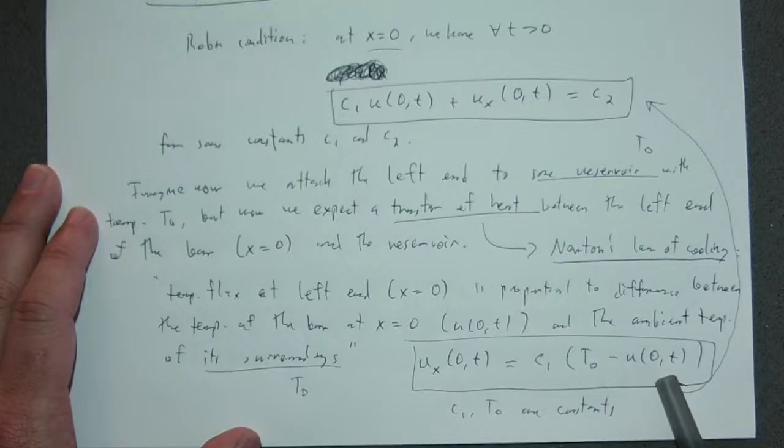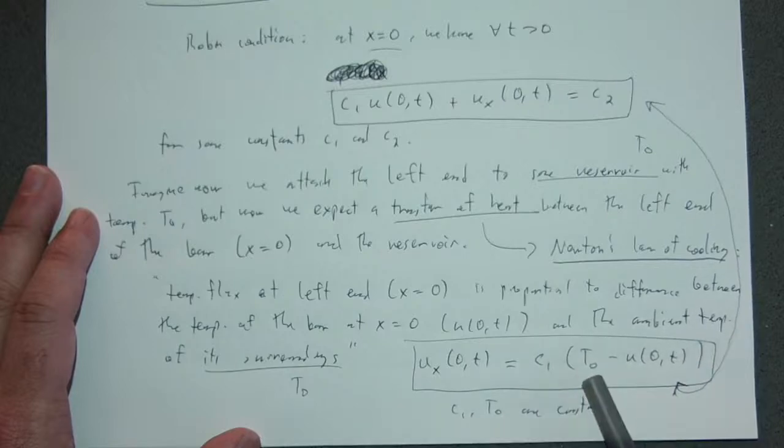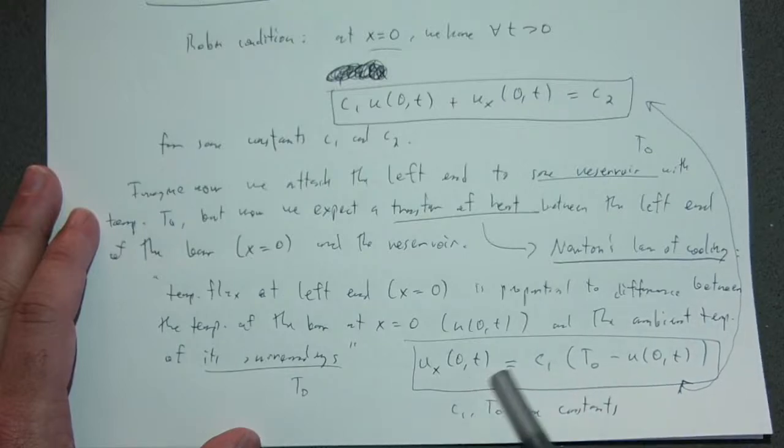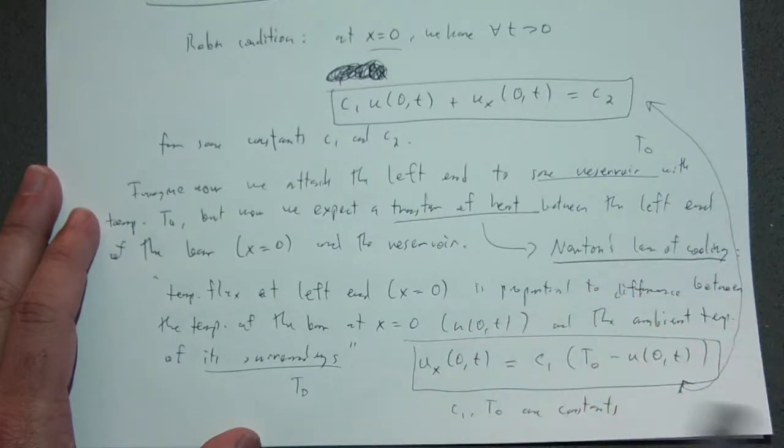If T naught is bigger than the temperature at the end of the bar, then this is positive. So if we take both C1 and T naught to be positive, if this one's bigger than this, then this heat flow is going to be positive, so it's going to flow to the right. Otherwise it's going to flow to the left.